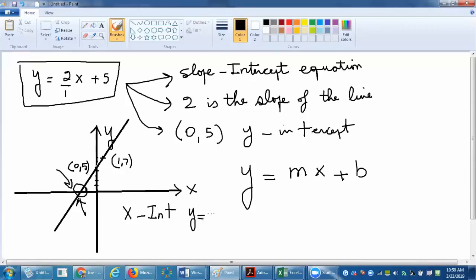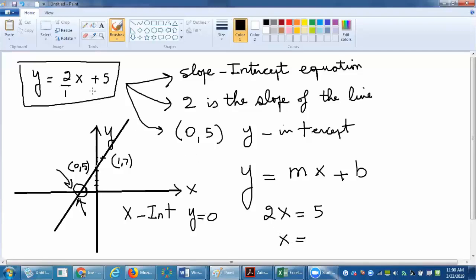The coordinate of y is 0. As you see, this is 0. So to find the corresponding x, we can substitute y equals 0 and solve.